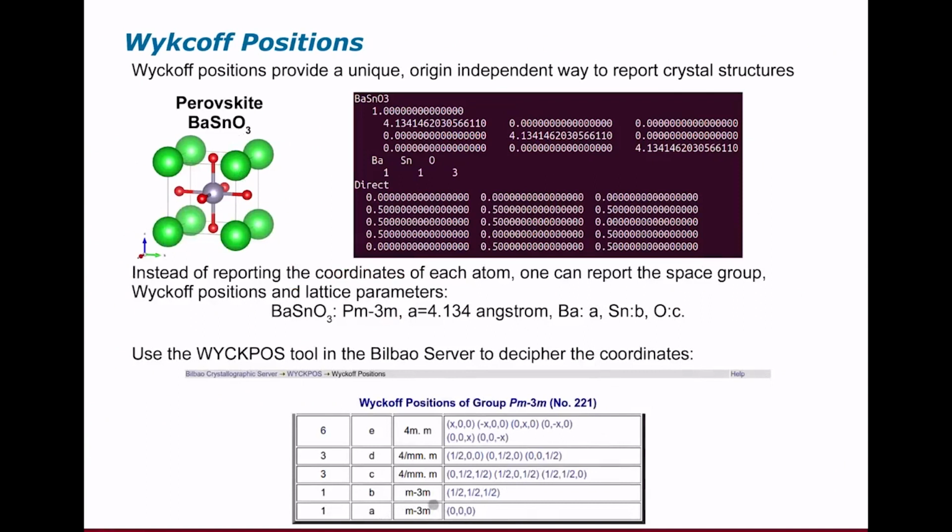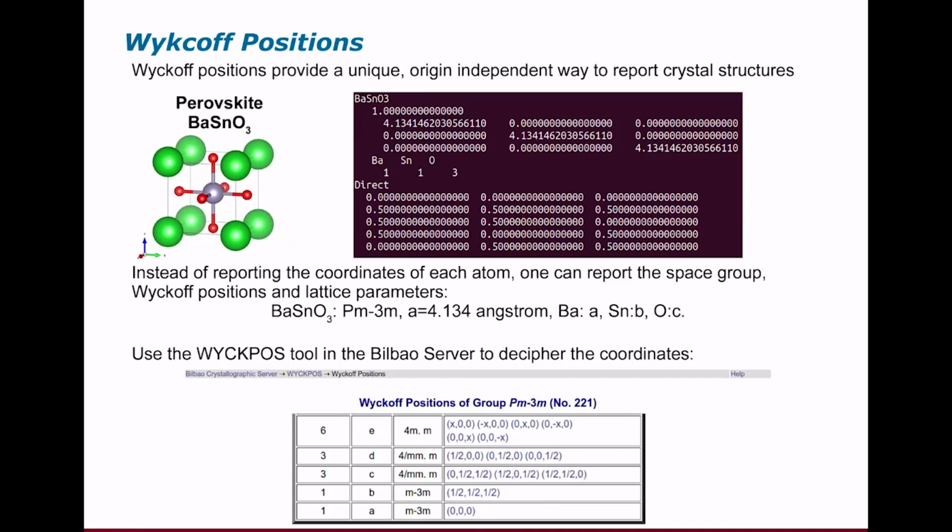Wyckoff letter b corresponds to 1/2, 1/2, 1/2. And Wyckoff letter c actually corresponds to 3 different positions, these 3. So oxygen, there are 3 oxygens in the unit cell, but still you have a single Wyckoff letter, which means that you have 3 oxygens in these 3 different coordinates, which correspond to the 3 face centers of the cube.